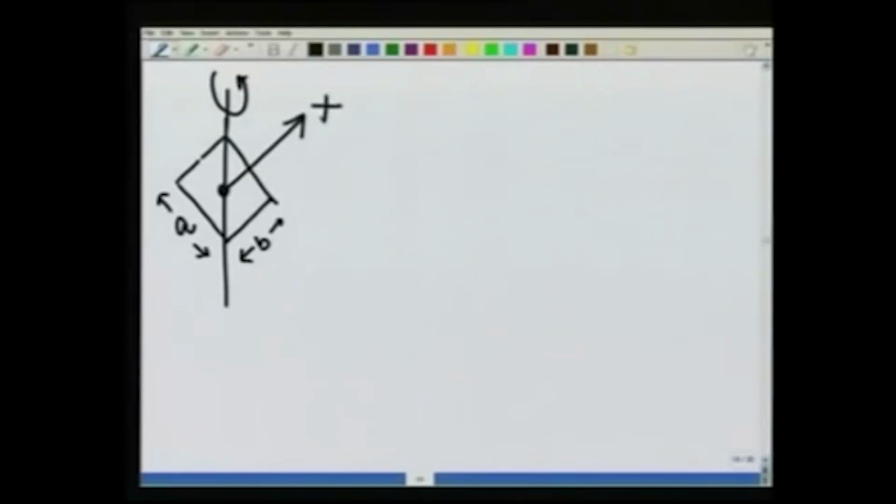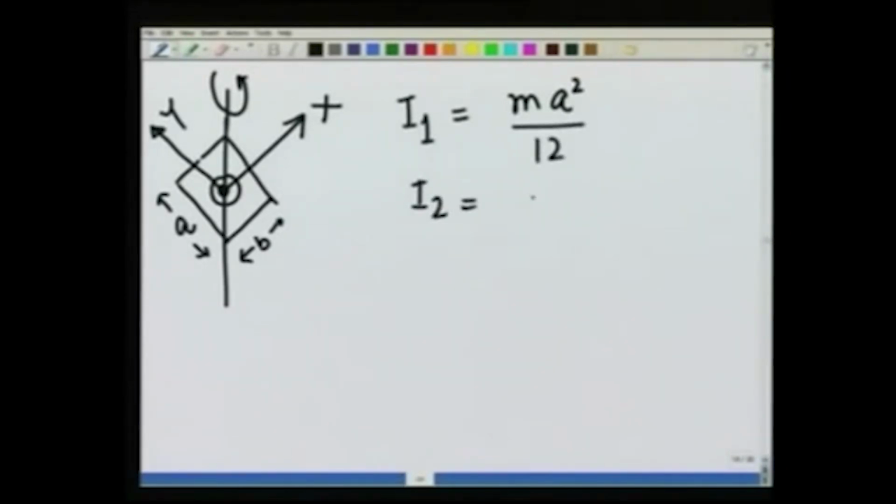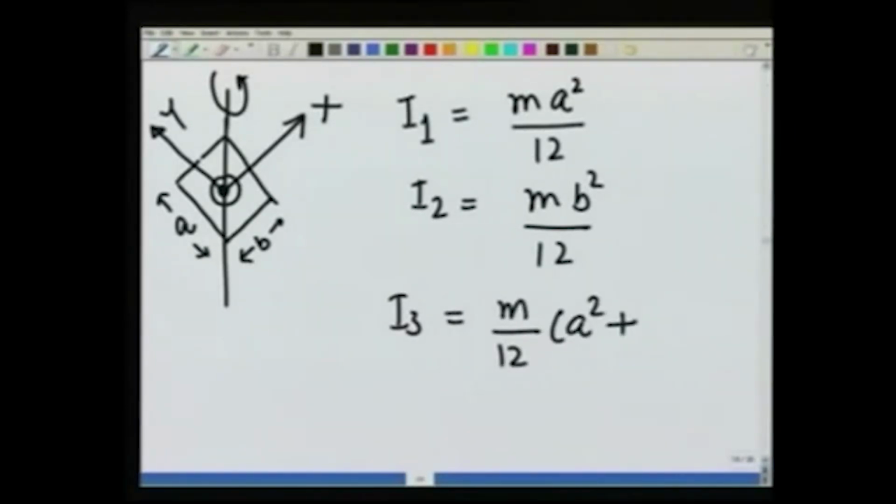Let us call this x axis, this y axis, and the z axis is coming out of the plane. If the mass of the rectangle is m, then I1, that is Ixx, is going to be m a square over 12. I2 is going to be m b square over 12, and I3 is going to be m over 12 times (a square plus b square).